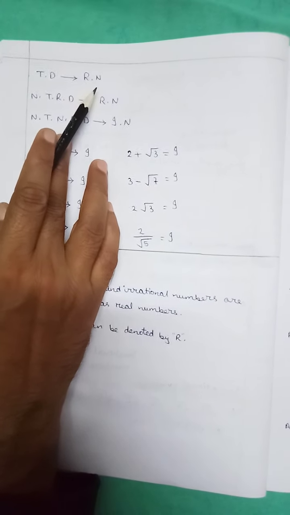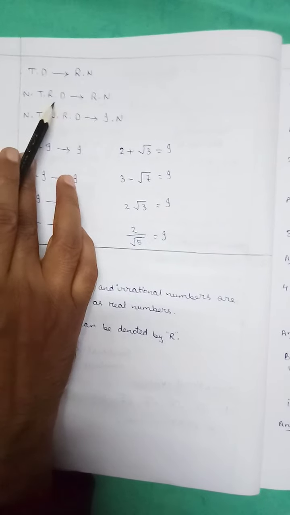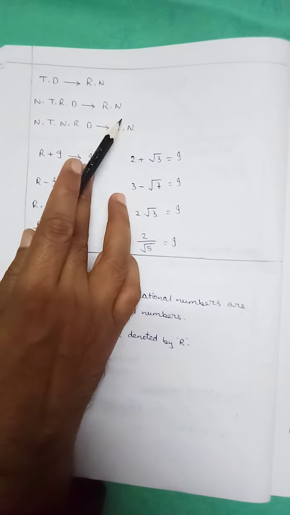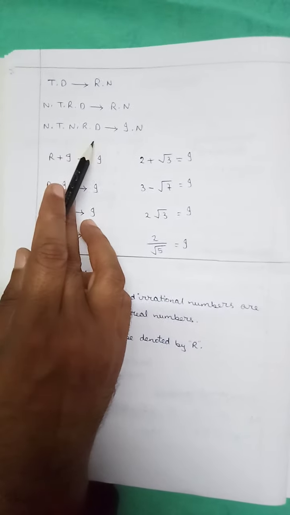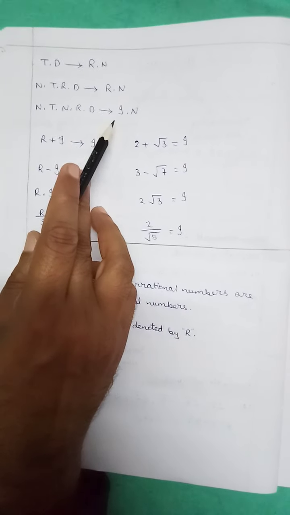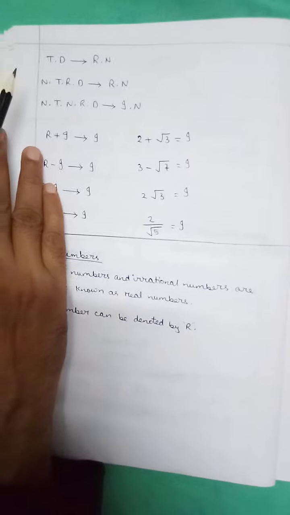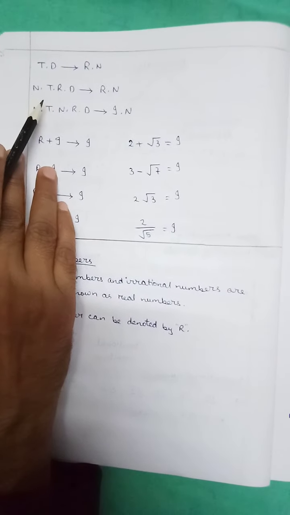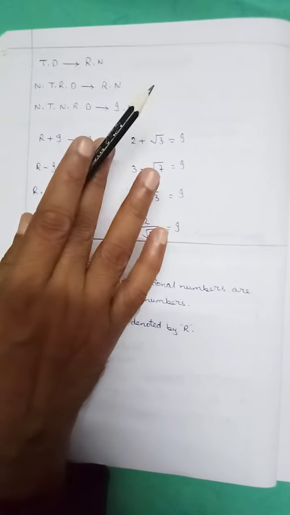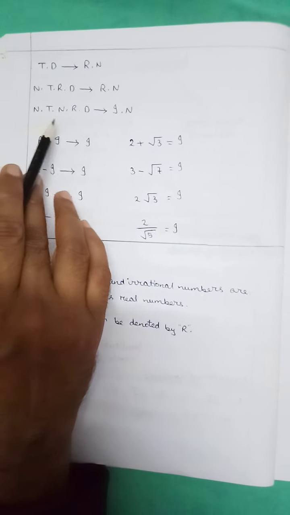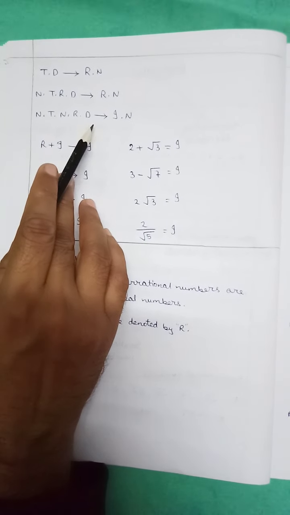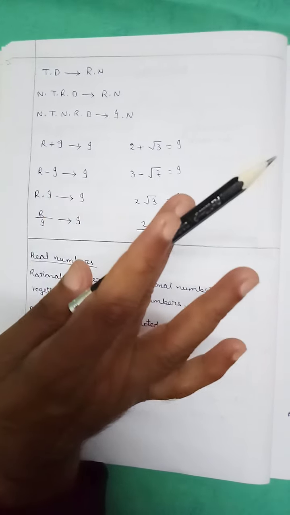RN means rational numbers. Non-terminating repeating decimals also you can make rational numbers. Non-terminating non-repeating decimals we can call irrational numbers. That means whenever you have a terminating decimal or a non-terminating repeating decimal, you can make it a rational number, whereas non-terminating, non-repeating decimals are purely called irrational numbers.